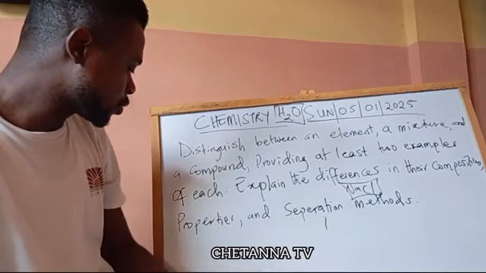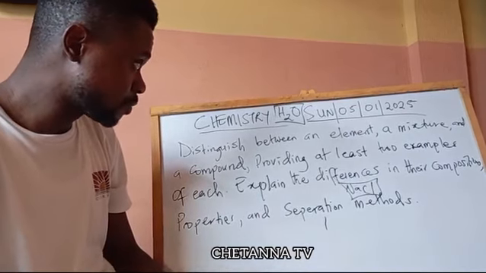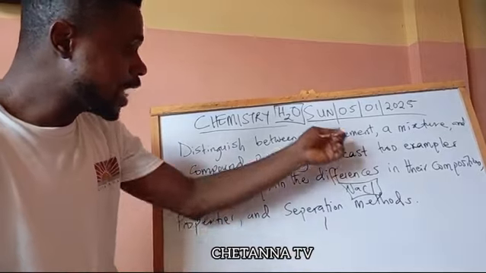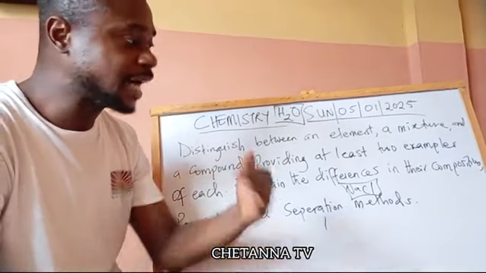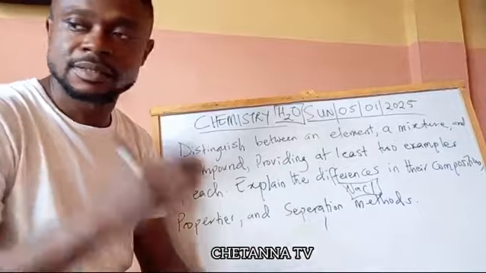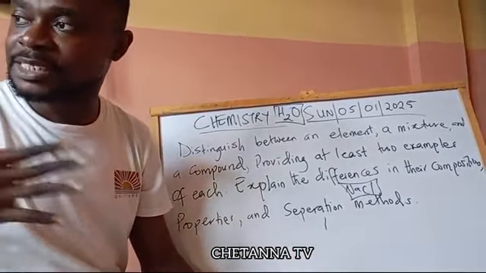So in terms of their properties, each element has its own unique property. Sodium has its own unique property. Chlorine has its own unique property.